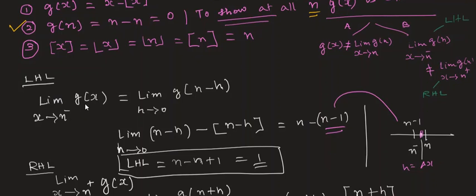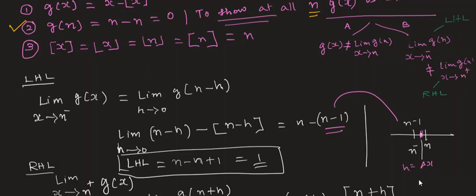Limit of g of x as x tends to n minus. Let us consider n is an integer. On the left, that is the LHL, we can have delta x, represented as h. So on the left means n minus delta x, or n minus h. Here h is an infinitesimally small difference.